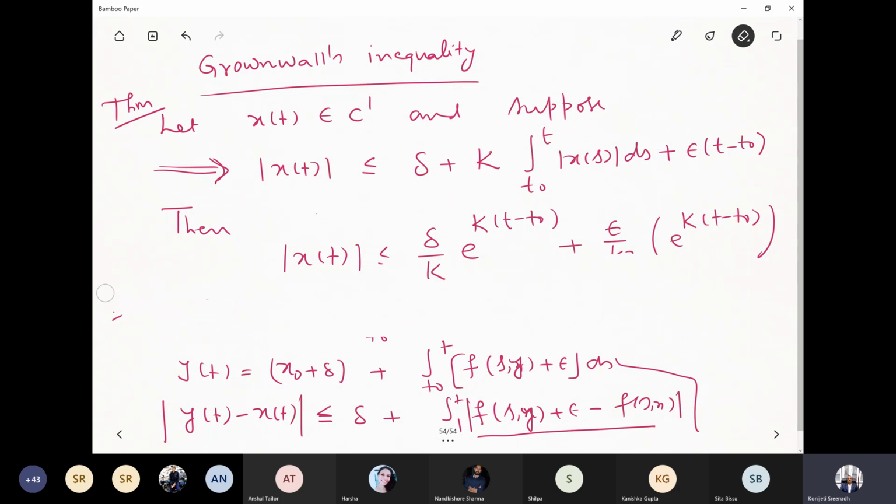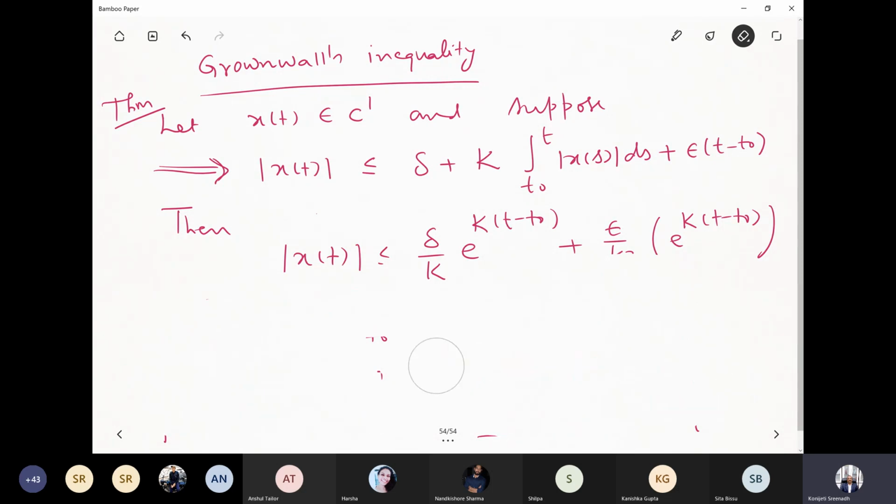This Gronwall's inequality is important in getting the continuous dependence. Of course, it can also be cleverly used for getting uniqueness. In many situations with integral equations and integro-differential equations, people use Gronwall's inequalities for getting uniqueness.